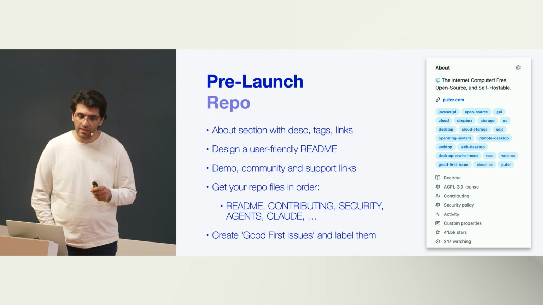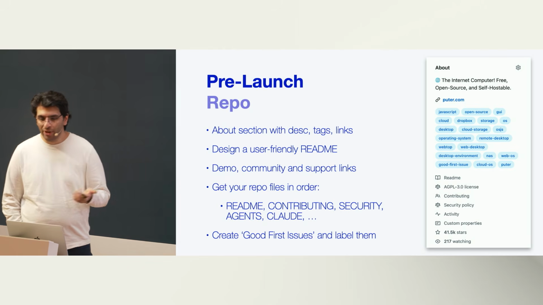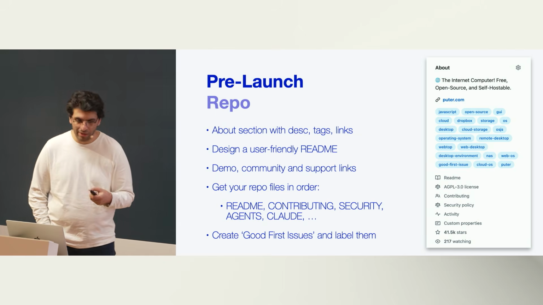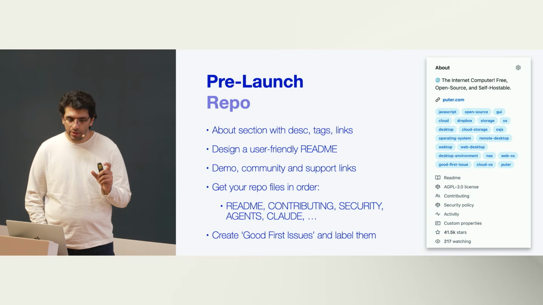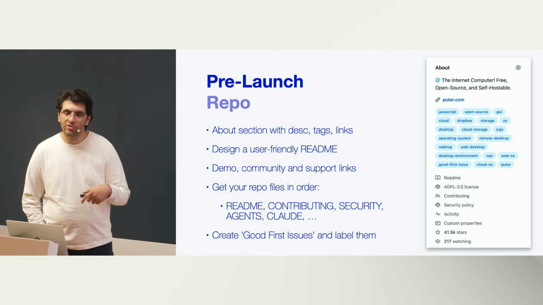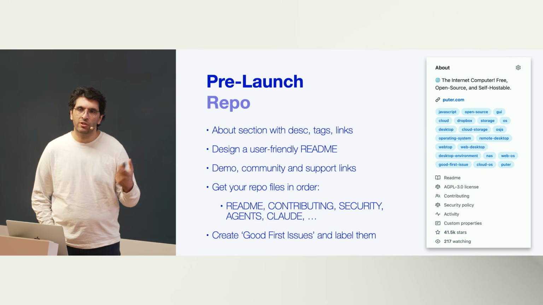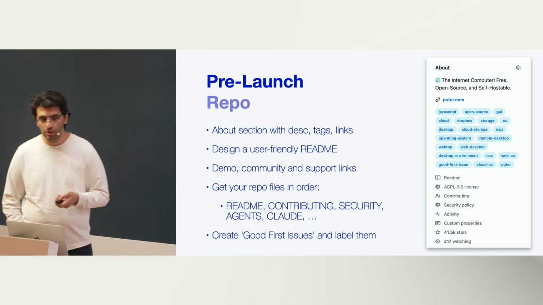You want to keep it easy because this is a new project. Nobody aside from your team already knows how to work with it. Even if you use AI, this is still an issue. So you want it to be very well written, easy to do, and just something to ease your contributors into contributing to your project.